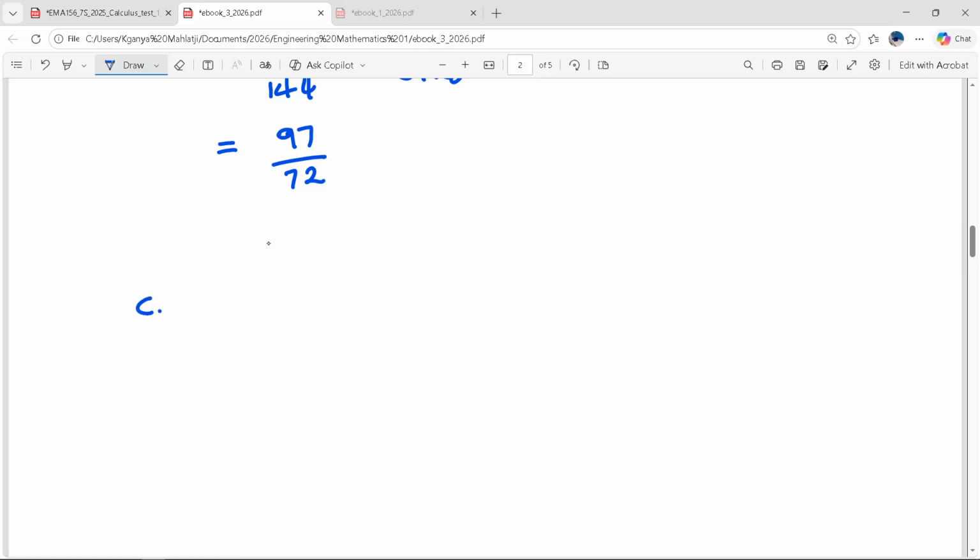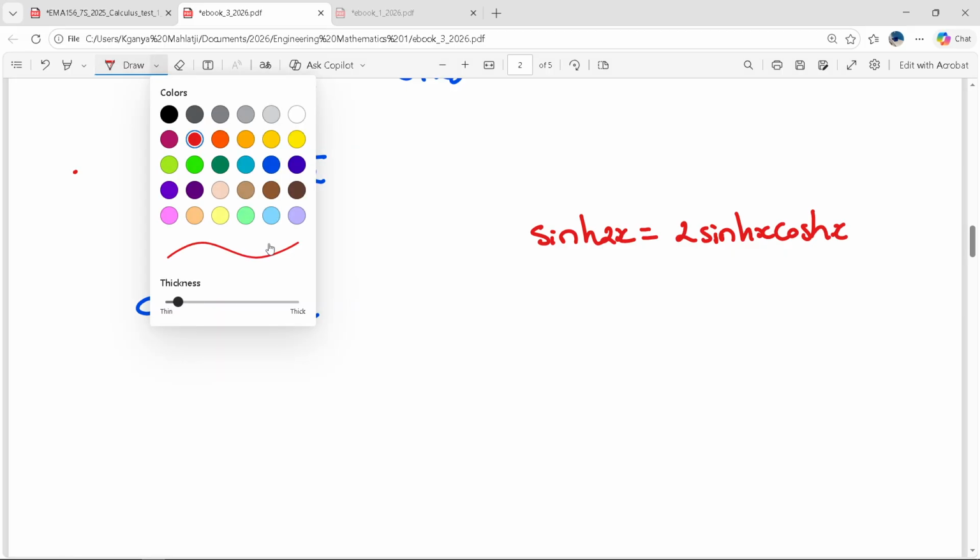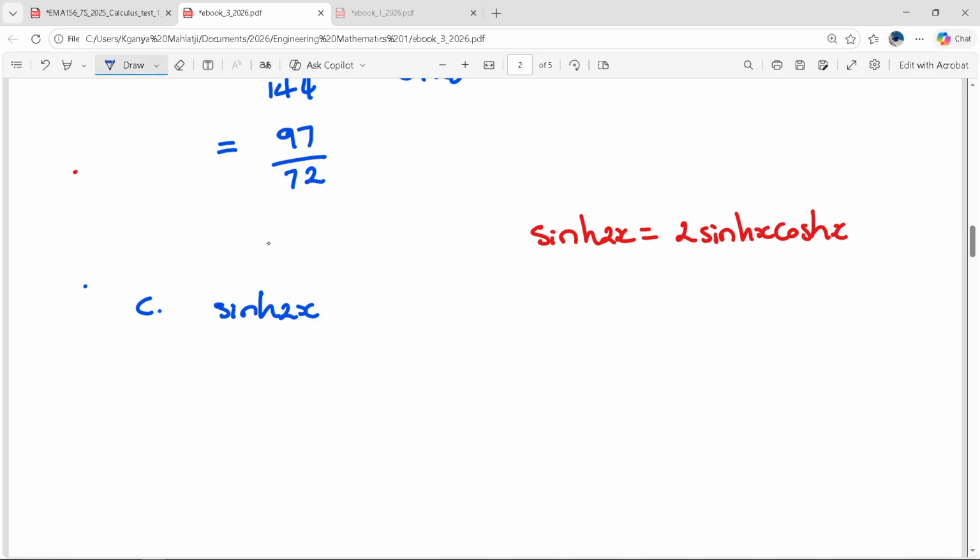Number C, we have sinh 2x. This identity is very common with the trigonometric identity. Sinh 2x equals 2 sinh x cosh x. Then you can come back here and say equals 2 sinh x cosh x.